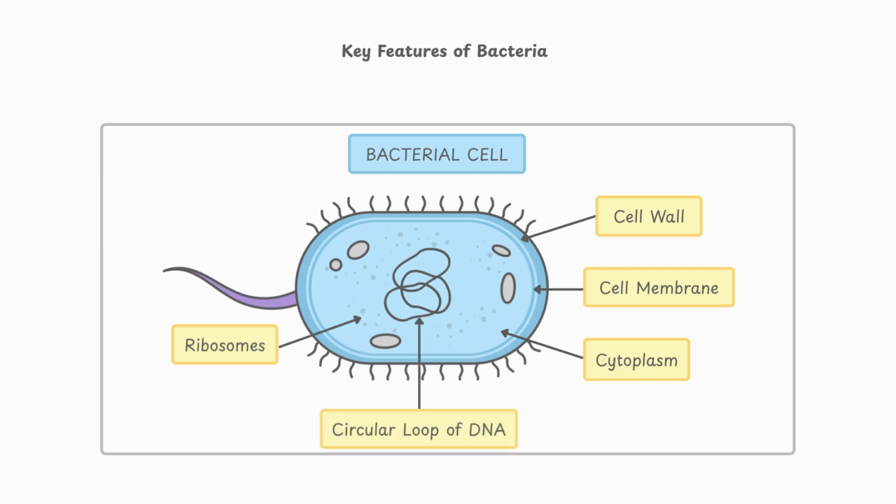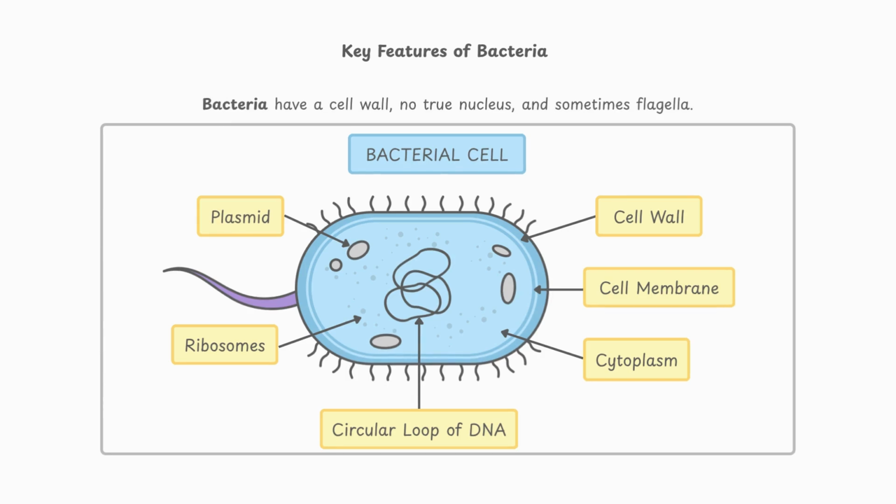Bacteria also contain circular DNA, which carries the genetic information needed to control the cell. Some bacteria also have plasmids, which are small extra loops of DNA that can carry additional genes. And in some cases, bacteria have flagella, which are tail-like structures that help them move. These structures allow bacteria to survive, reproduce, and function efficiently despite their simple design.